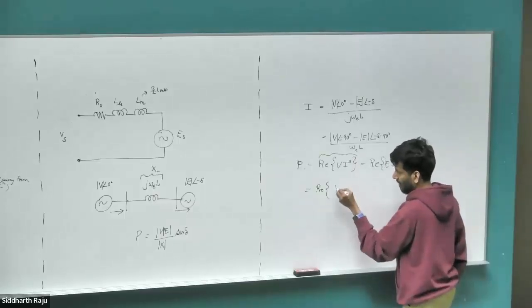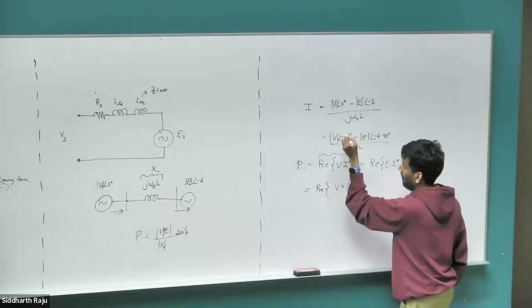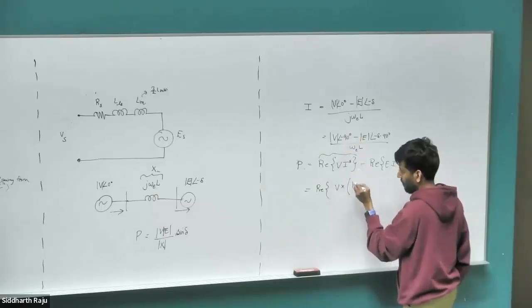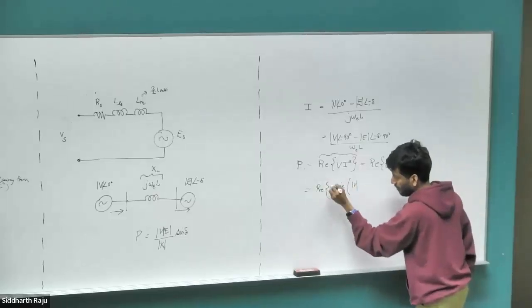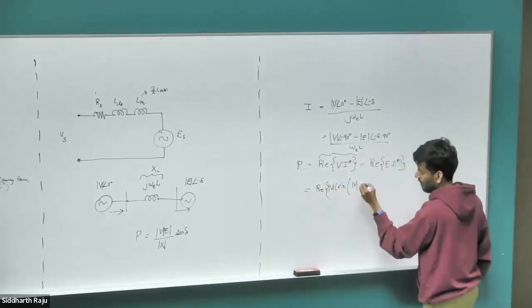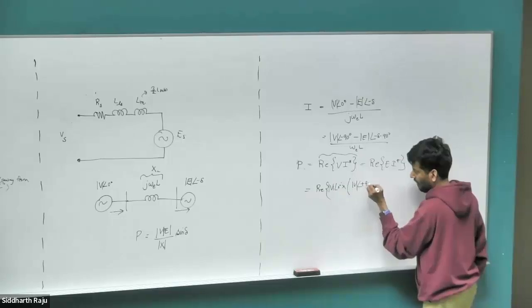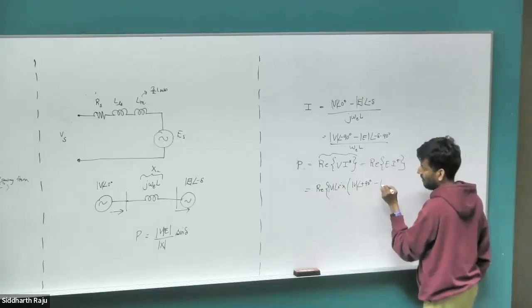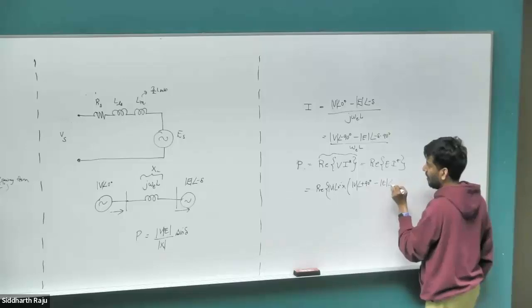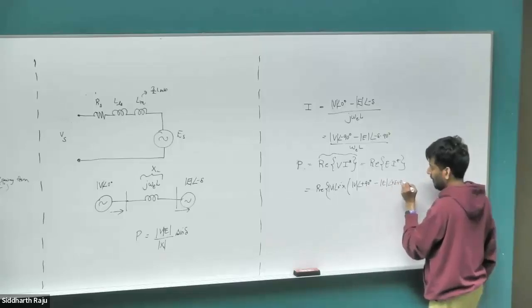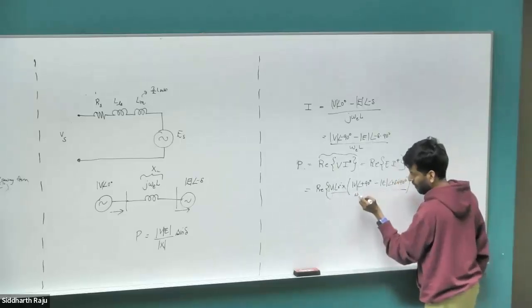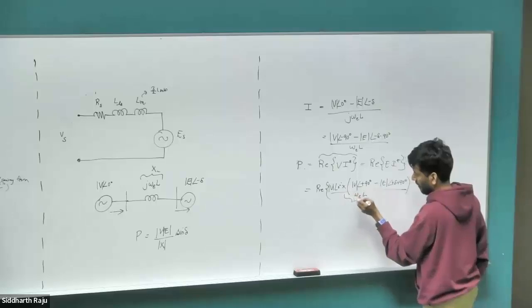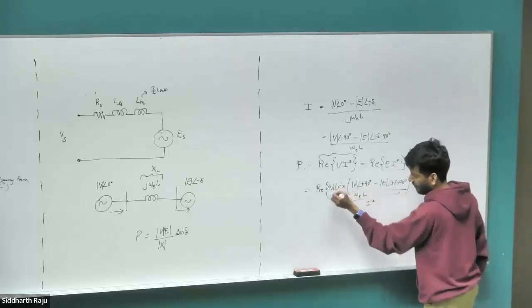So let's substitute V times I conjugate. Conjugate is basically making the angles 180 degrees off. So V times, this is V angle 0 degrees times V angle negative 90, which becomes positive 90 when you do the conjugate, minus E times angle plus delta plus 90 degrees, divided by omega L. So this is our current conjugate term, and this is our voltage term.